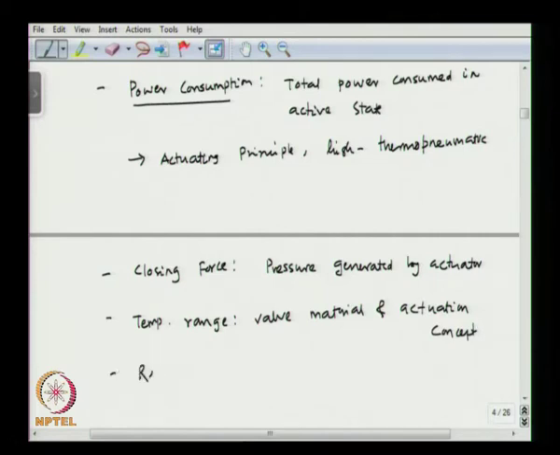Then the response time, how quickly the valve is going to respond, that would depend on the actuator type. And electrostatic valves have a very short response time.